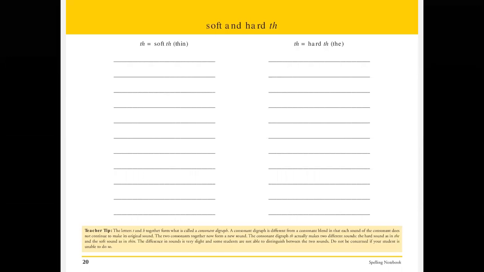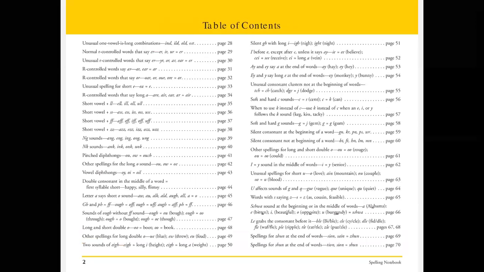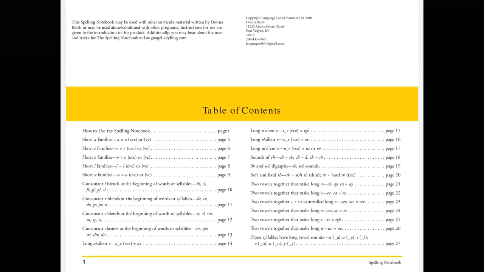So even if you never purchase the spelling notebook, and this is not just a commercial for the spelling notebook, by all means, but this table of contents really can be a big help to you in your phonics instruction, your reading instruction, your spelling instruction.